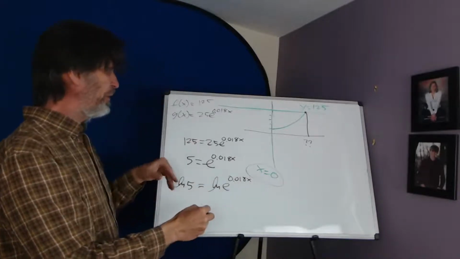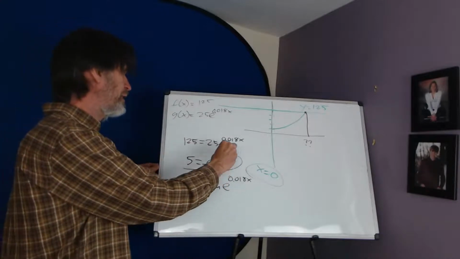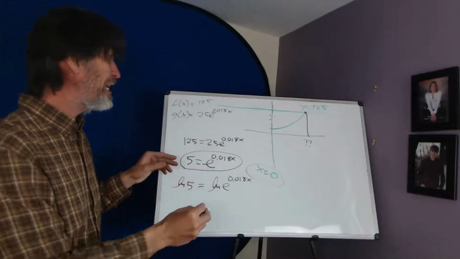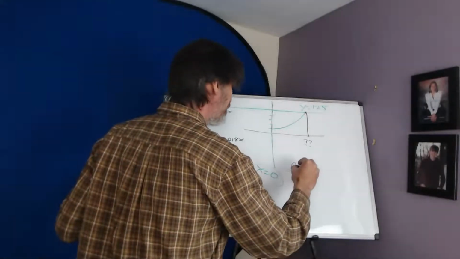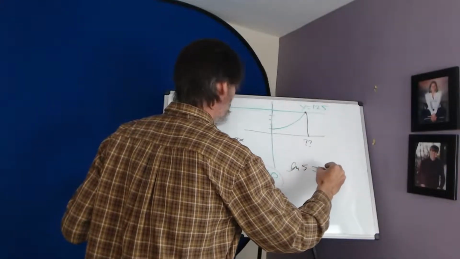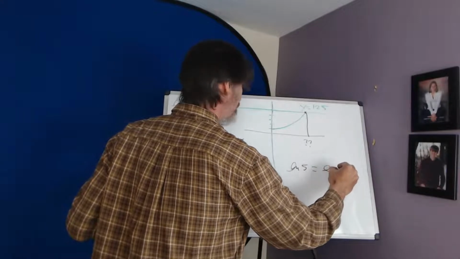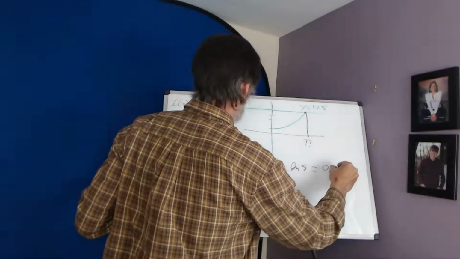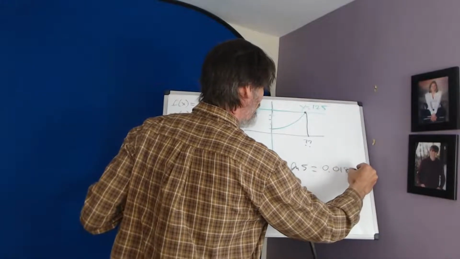I prefer really just going straight to the next step. When you have 5 is equal to this, the same equation can be written in natural log form. It's the natural log of 5 is equal to 0.018x.